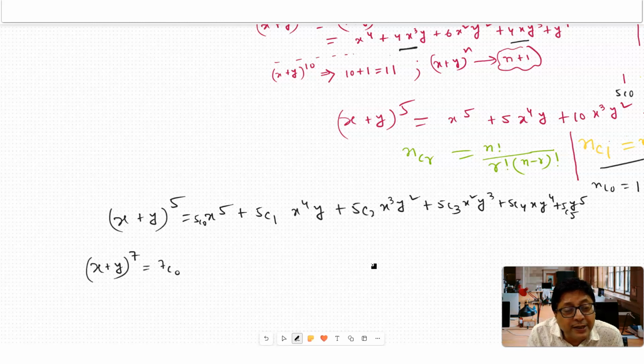If you write in this manner, it will be 7C0 x to the power 7, 7C1. The sum of the indices should always be 7.